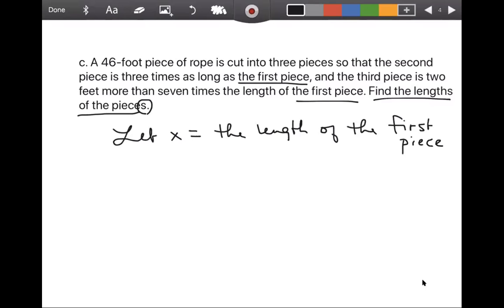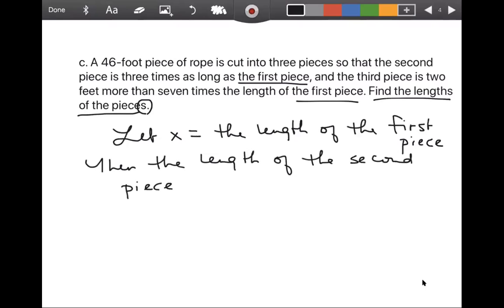So what I'm going to say now is then the length of the second piece is, let's read that again, 3 times as long as the first piece. Okay, so if the first piece is X, the second piece would be 3X, right?